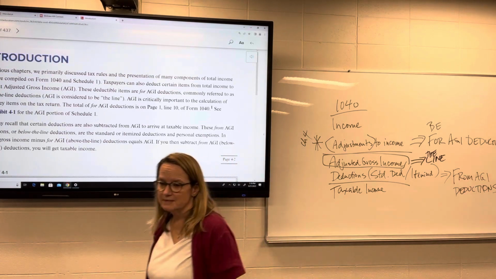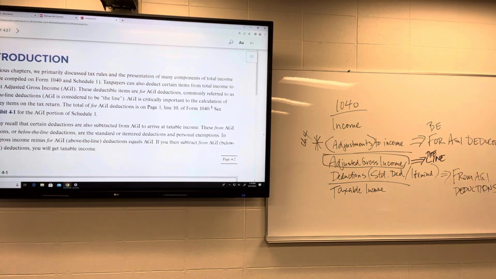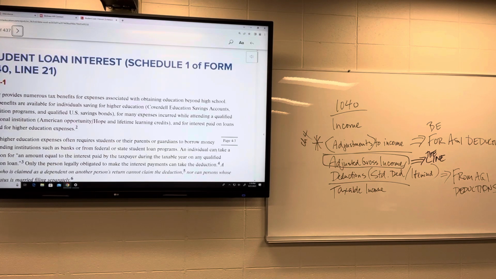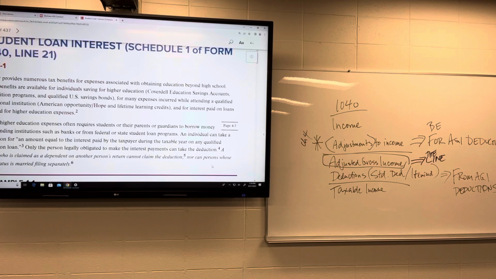So we're going to take them in order here, not in order of the 1040, but in order of how they're listed in the book. All right, starting with student loan interest. Take a break here on this.